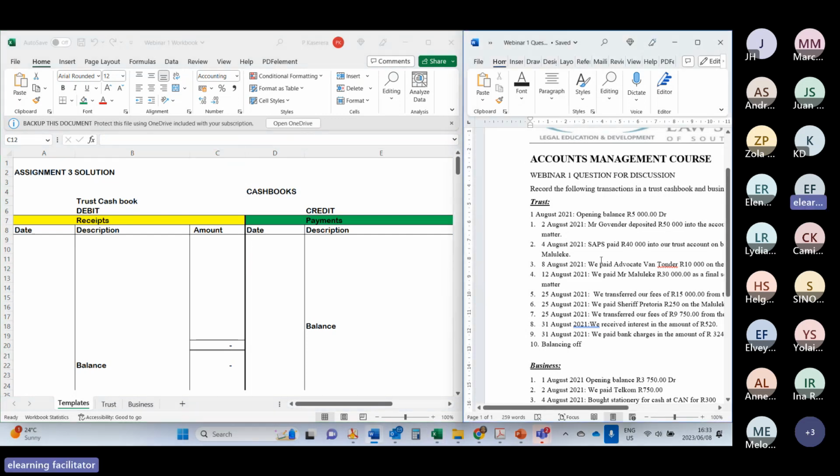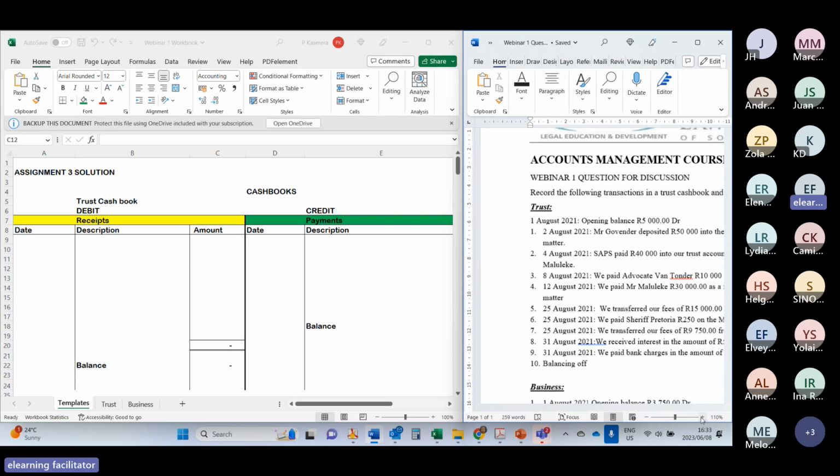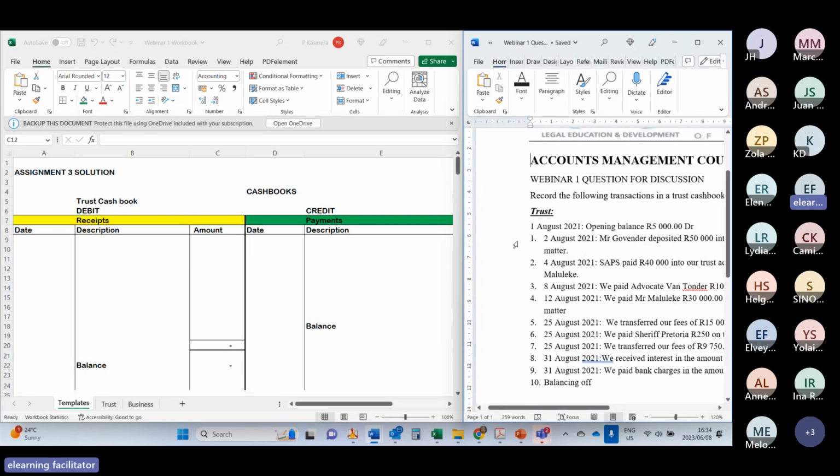Okay, so our first transaction, I hope you can see it. Let me try to zoom. It says on 1 August 2021, our opening balance for our trust. This is the trust, so you need to read everything. We've got an opening balance of 5,000, which is on the debit side.